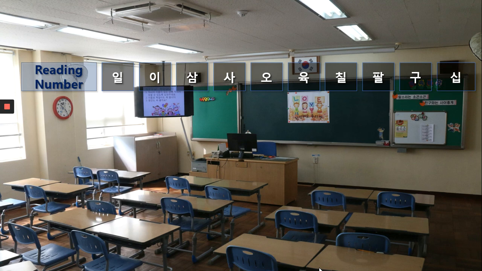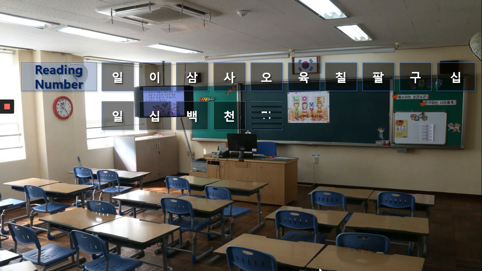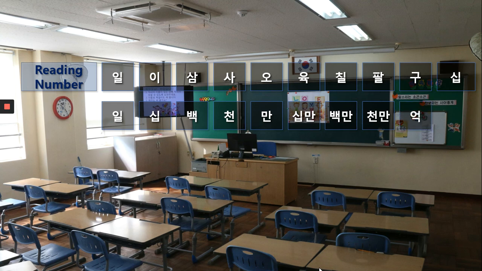How about 10, 100, 1,000, 10,000? 1, 10, 100, 1,000, 10,000 is 만, 100,000 is 10만, and a million is 100만. Now 10 million is 1,000만. 100 million, okay.